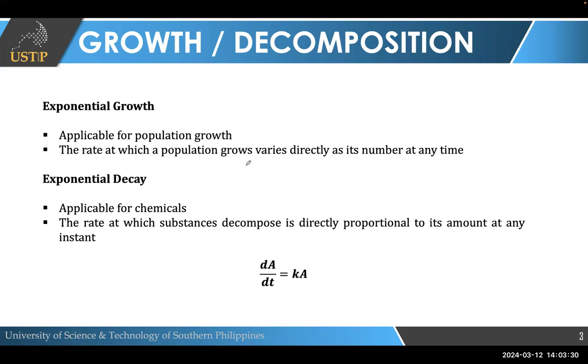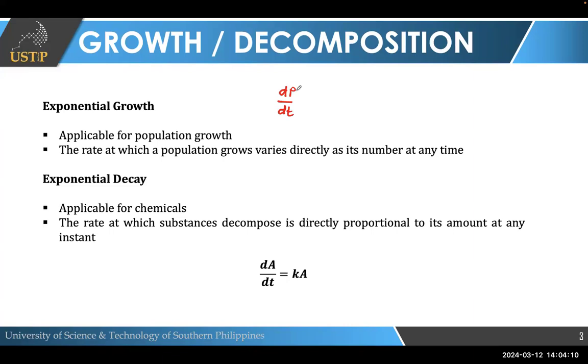So, the main concept here is that for growth, the rate at which a population grows varies directly as its number at any time. And for decay, the rate at which substances decompose is directly proportional to its amount at any instant. So basically, for growth, if we translate this into mathematical notation, the rate at which the population grows, when you say rate, we are talking about the derivative, because we're talking about the change, the rate at which it changes.